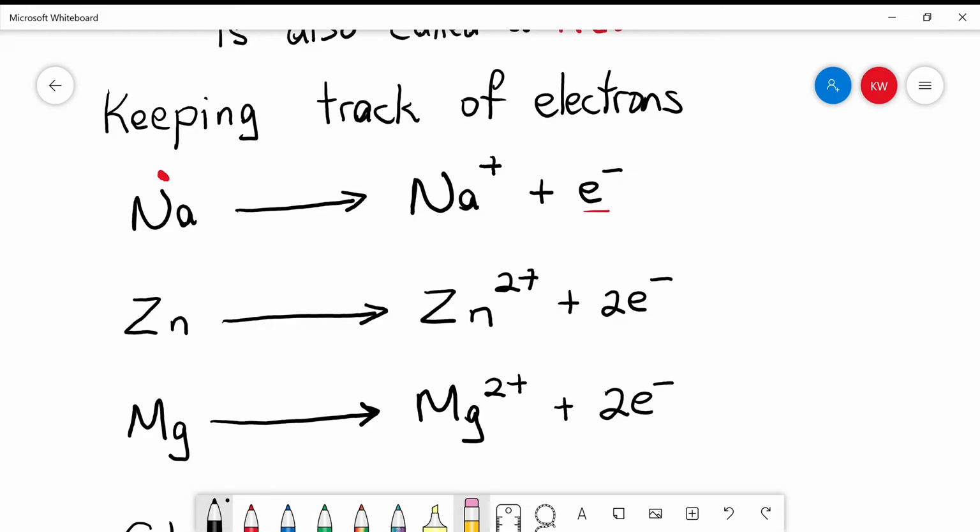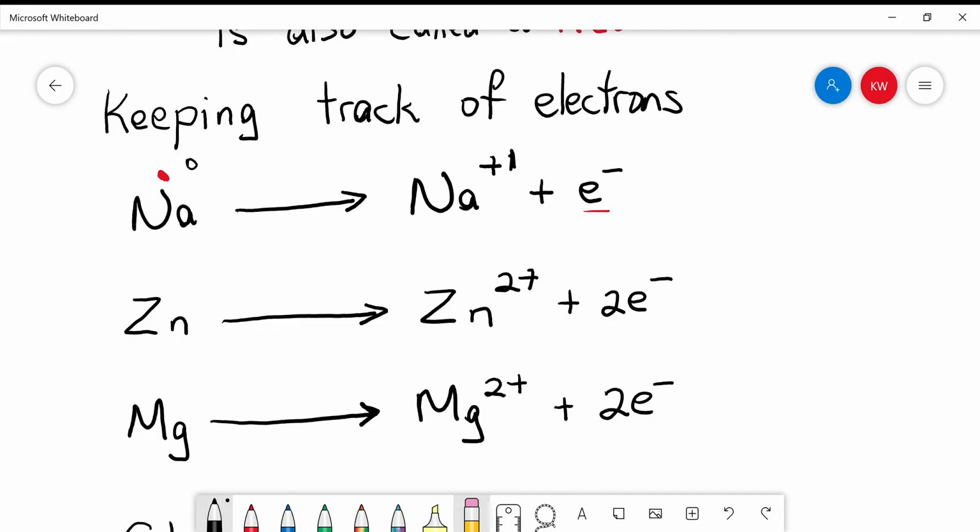This is plus 1. So here the oxidation number is plus 1. Originally the oxidation number was 0. Any element in its natural state would have an oxidation number of 0. So we're moving from 0 to a plus 1, an increase in oxidation number. This is an example of oxidation.